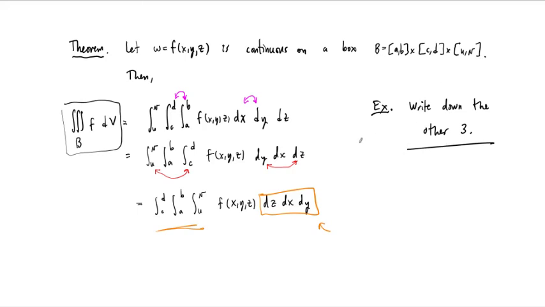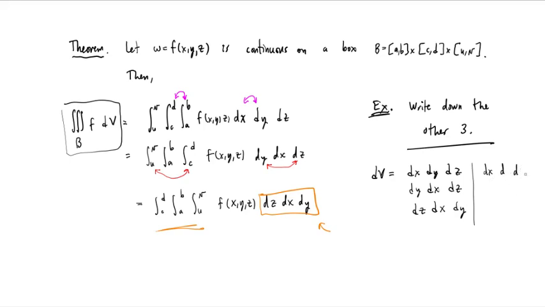All right, so even though I've told you to do this as an exercise, let's write them all down. So dV could equal dx, dy, dz. Let's write down the ones we had. It could be dy, dx, dz. It could be dz, dx, dy. What are the other orders? Well, dx, dy, dz is the one we already have.